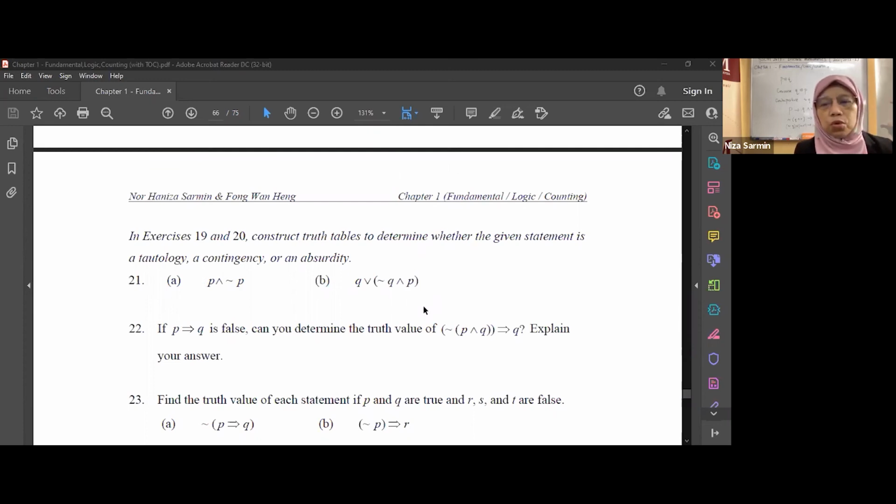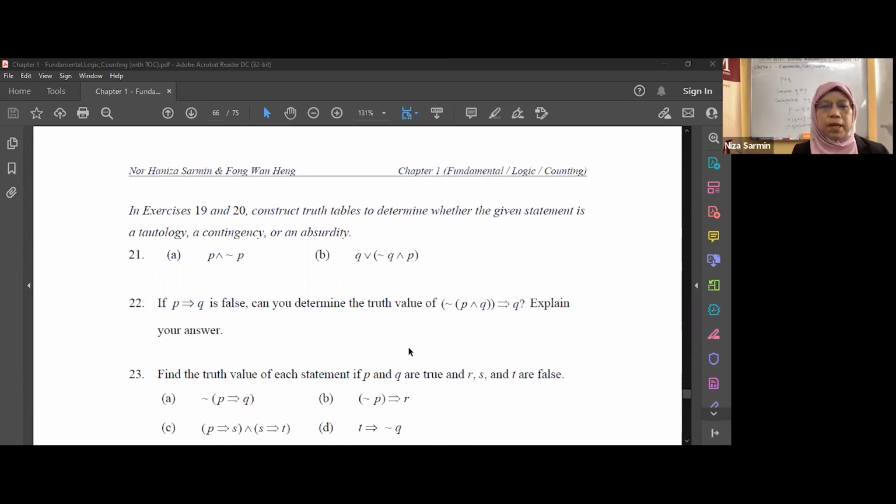Number 22, if P implies Q is false, can you determine the truth value of not P and Q implies Q? Let's think about this. You don't know what is P, Q, but you know that is false, right?